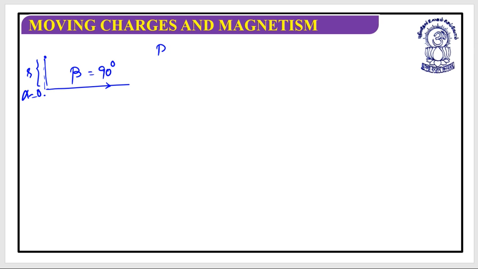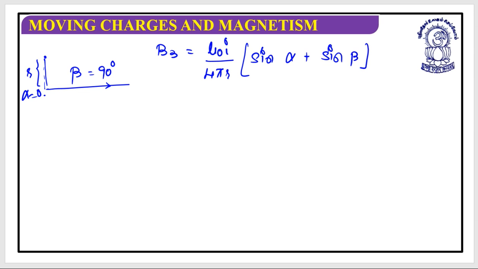So B3 should be mu naught I by 4 pi R into bracket sine alpha plus sine beta, which equals mu naught I by 4 pi R multiplied by, alpha is 0 so this is 0, and sine beta, sine 90, should be 1.